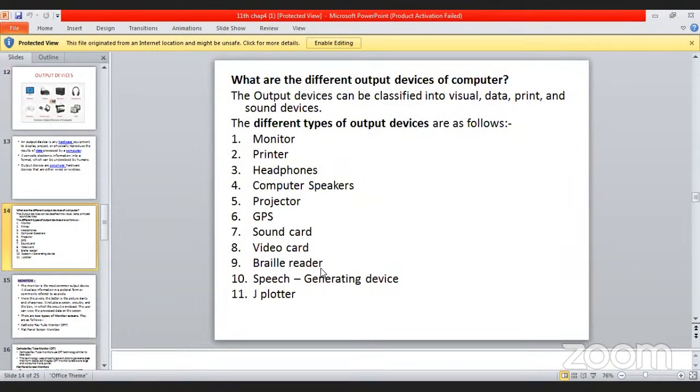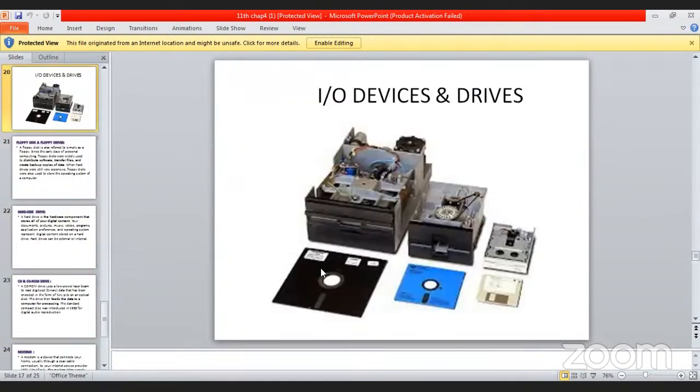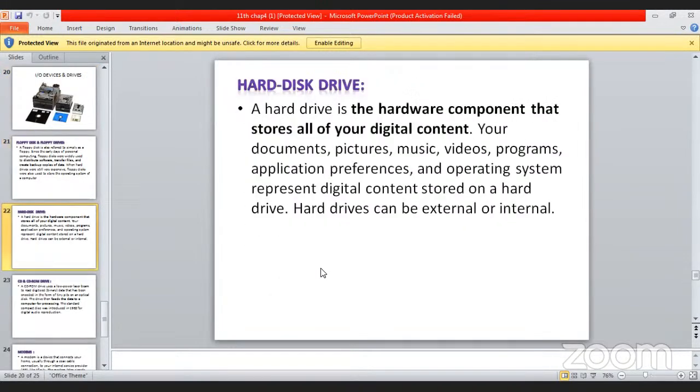These are the list of output devices. And here the input output devices and drives. Which device and drive? Floppy disk and floppy drive, hard disk drive, and CD-ROM, modem, all are input output devices.